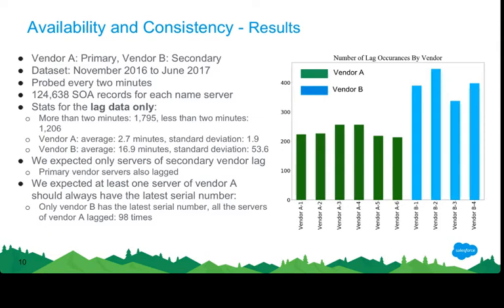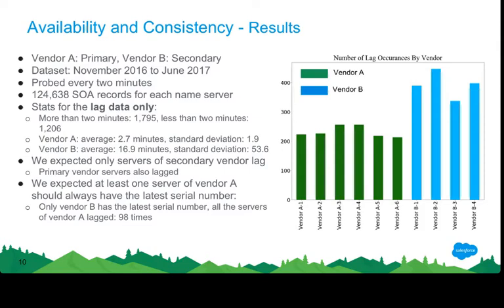The green one is the primary, and the blue one is the secondary. From the figure, we can see the primary has fewer occurrences. We also found that when there were legacy name servers, the average lag time for the primary was about 3 minutes, but it was about 17 minutes for the secondary.